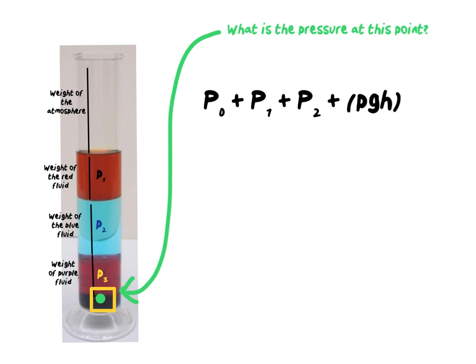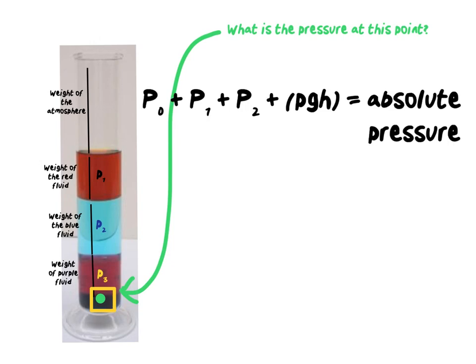And I would just add all of those up to get the absolute pressure at that point way down here in the bottom fluid. So all in all, I would write P is equal to rho times g times h plus P0 plus P sub 1 plus P sub 2. And I would keep adding pressures for however many different kinds of fluids there are above the point in question.